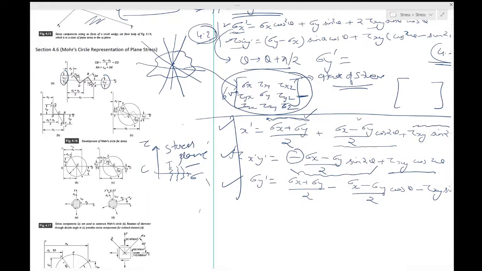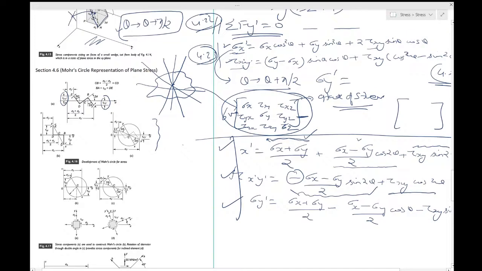So the steps are what we'll be considering right now. How do you draw this essentially? These are the steps which you must consider, and these are the figures which we'll keep in mind. You have sigma x, sigma y and tau xy with respect to the xy axis at point O, which is there in figure 4.15.